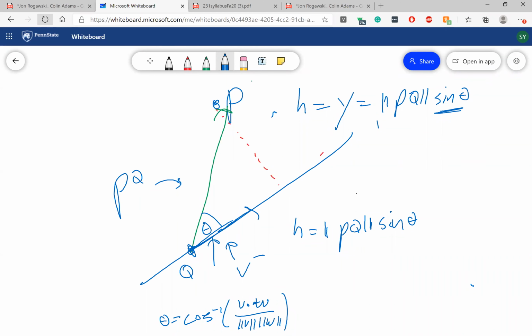But you can also skip this part and say that the cross product kind of does what sine does.